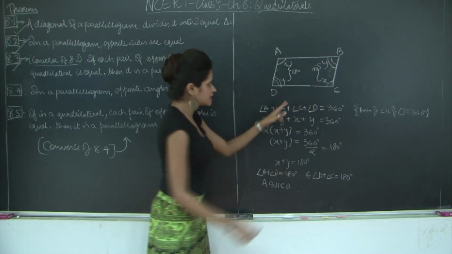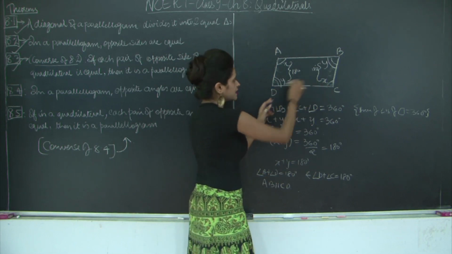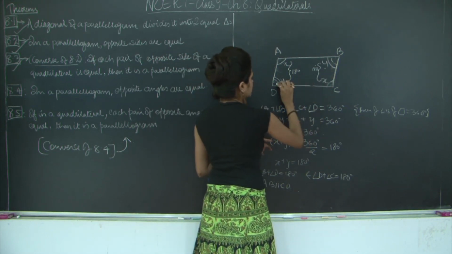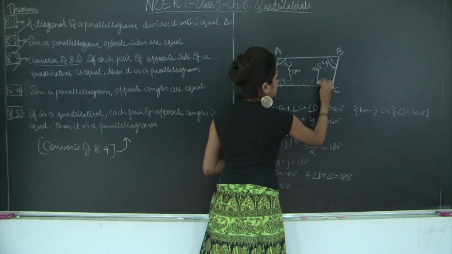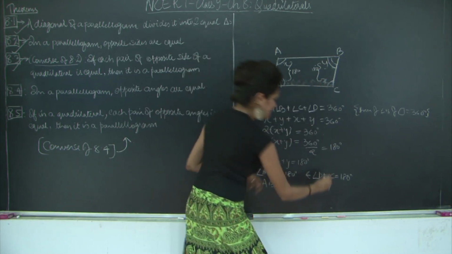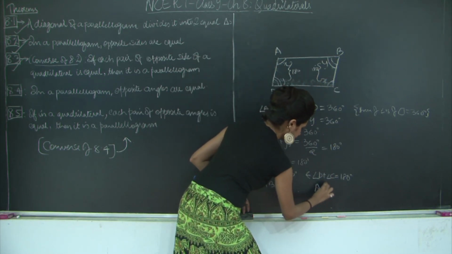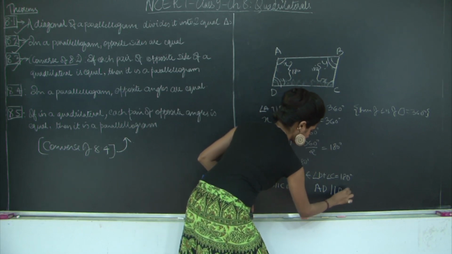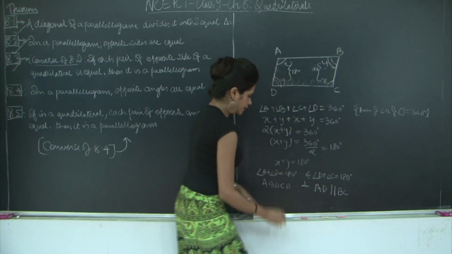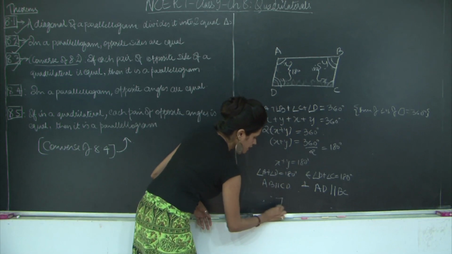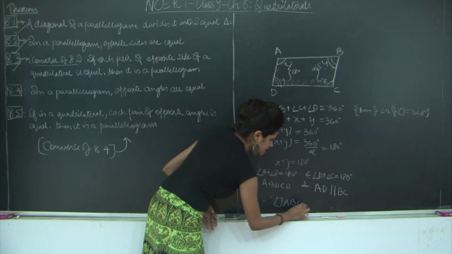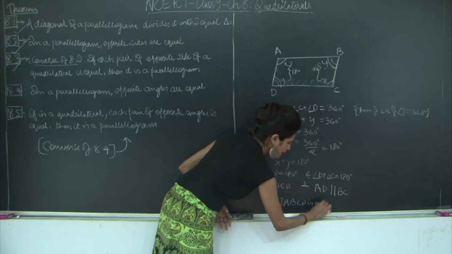So taking C and D as interior angles on the same side of my transversal, that is this side of my transversal, what do I have? AD is parallel to BC. Correct. Therefore, quadrilateral ABCD is a parallelogram.